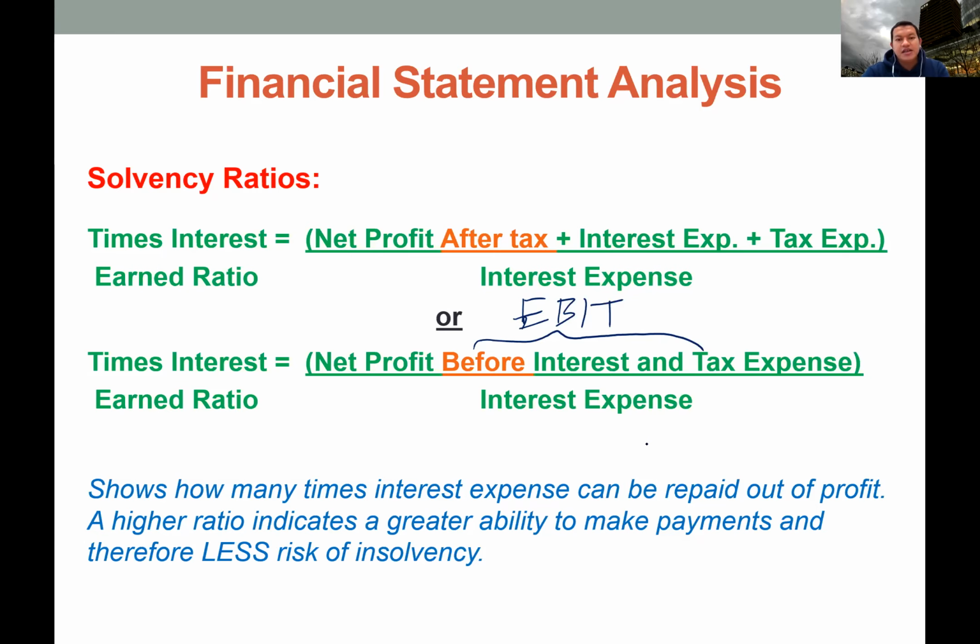Ideally the company should be able to repay the interest expense more than one time. More than one means the company has sufficient resources to repay the interest.